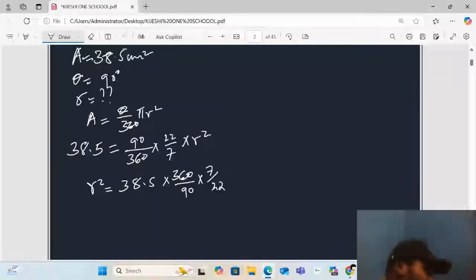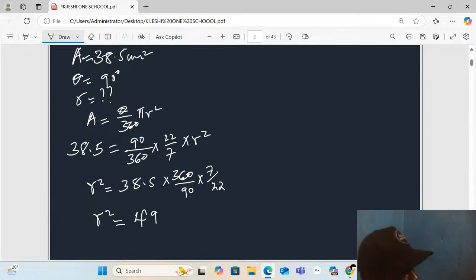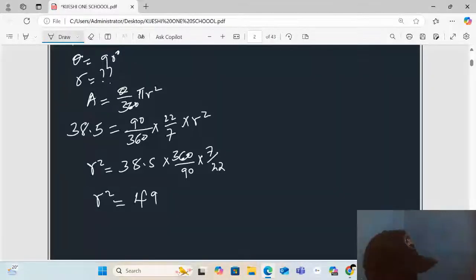That is 38.5 times 360 times 7 divided by 90 times 22, we're going to get our r squared as 49.